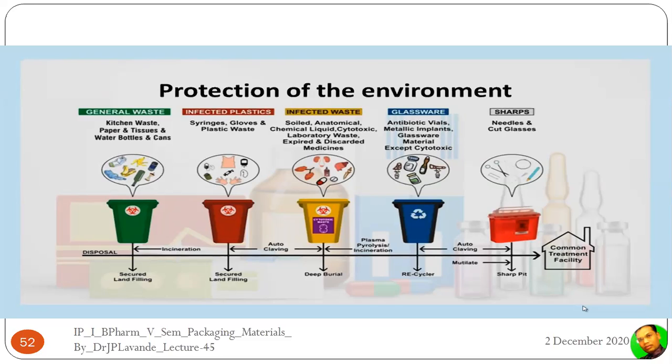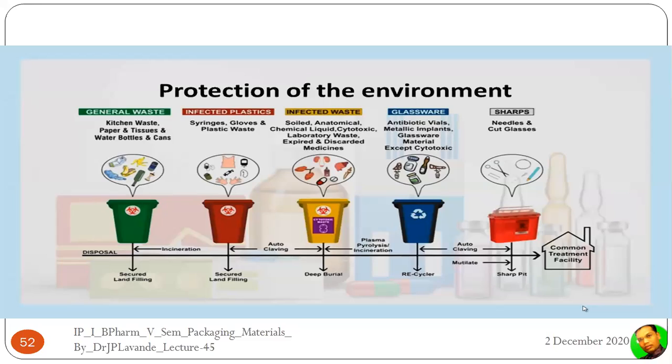Then they will be deeply buried in the land. Then glass materials like antibiotic vials, metallic implants and glassware, except some of the cytotoxic ones, are subjected to autoclaving. Then they will be subjected to the process of recycling.